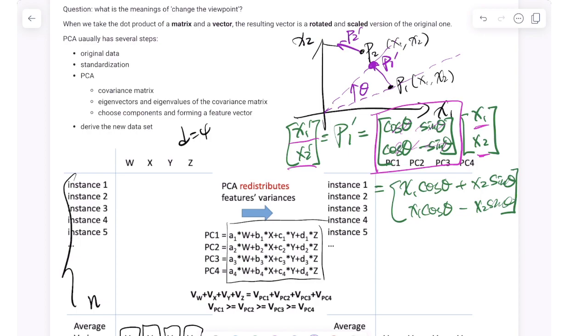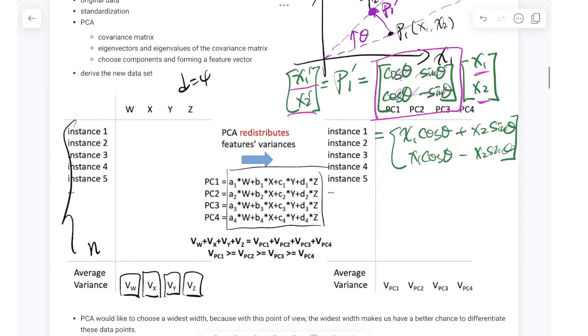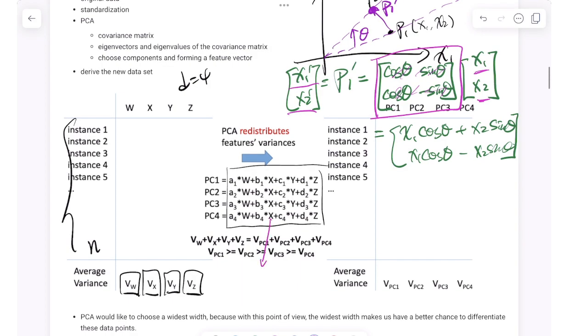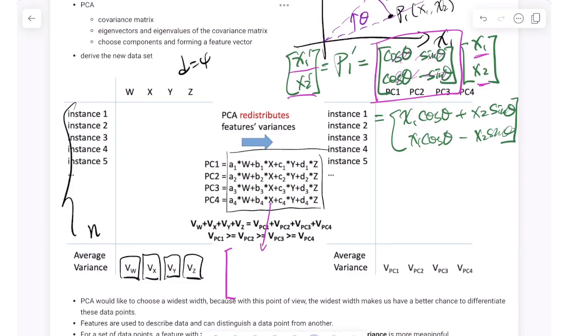It's very similar if we rotate the data.